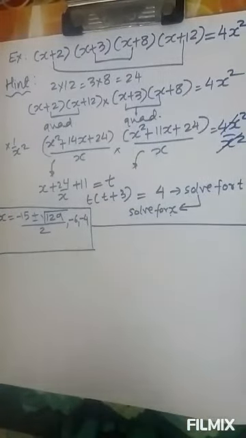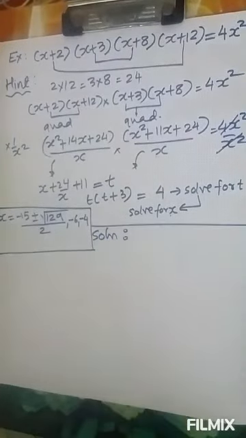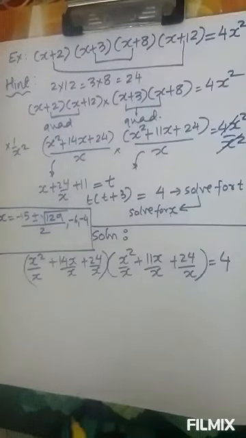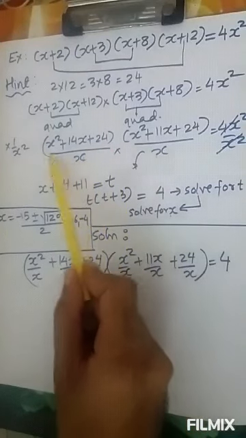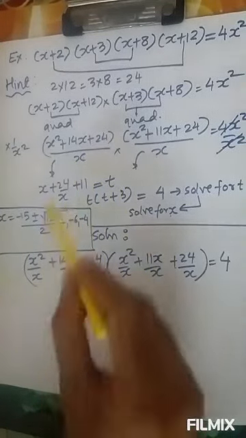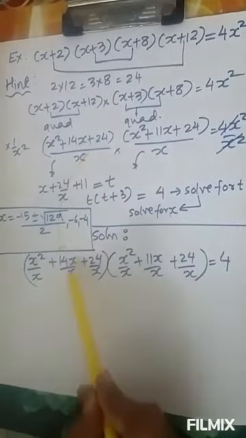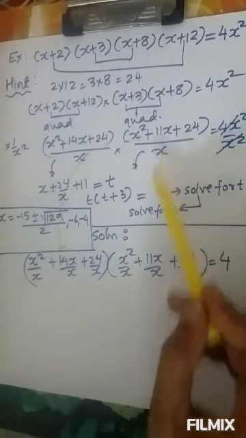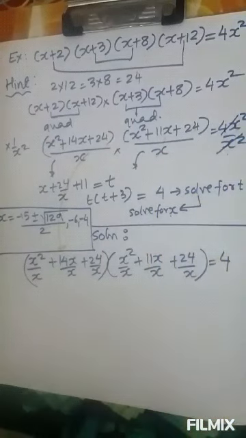Now let's see how we solve it. Let's see the solution. Okay, so first we will write the equation. As you can see, for the solution, as I said, proceeding from this step, this x square is divided by x, so we will get this x square by x, then 14x by x, again 24 by x, x square by x, 11x by x, 24 by x square cancels, we are left with 4.